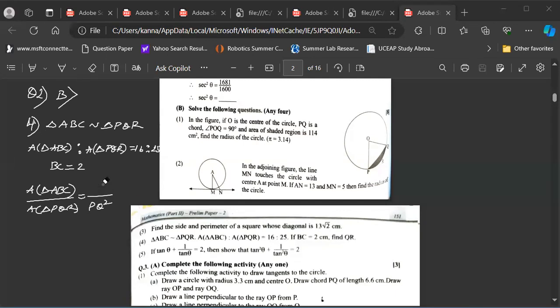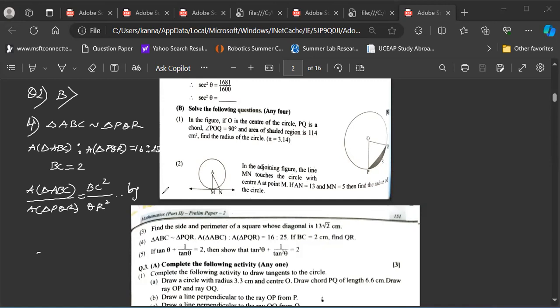BC is given. Look at what the corresponding side of BC is. You can see it from the names: the corresponding side of BC is QR. So BC square upon QR square, by theorem on areas of similar triangles.